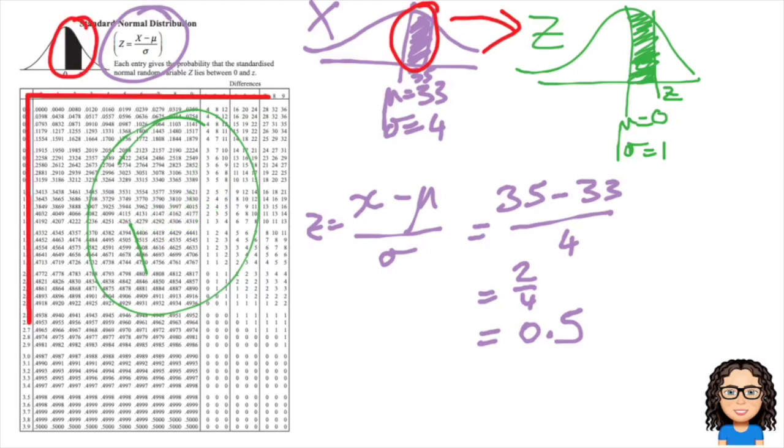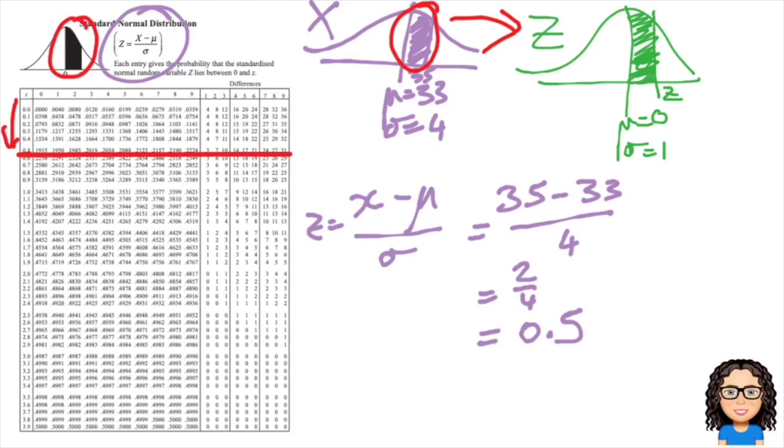So I want to find a Z value of 0.5. I'm coming down the side here, and there is 0.5 right there. So I'm going to look along that row. For 0.5, the next decimal place would be a 0, and these numbers across the top are my second decimal place.